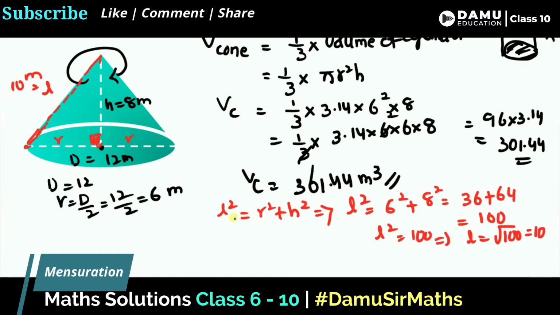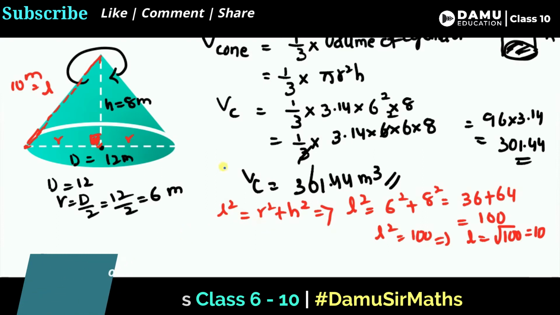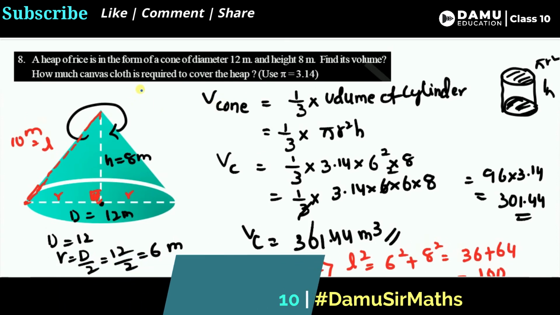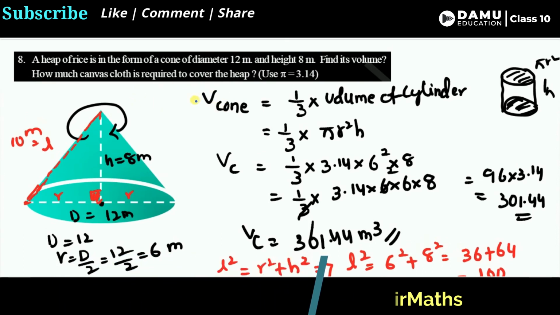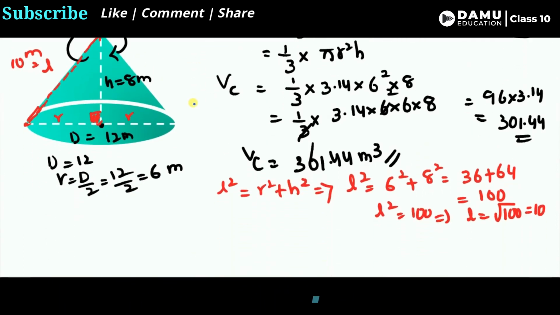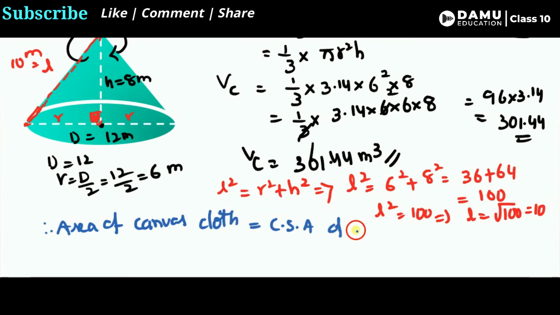Again, let's calculate the curved surface area of the heap. So the canvas cloth required to cover the heap, the area of the canvas cloth, will be equal to the curved surface area of the cone.